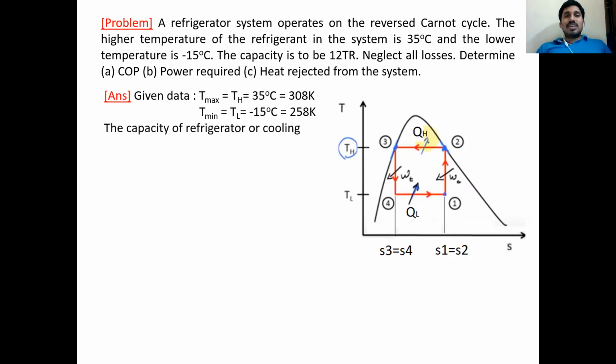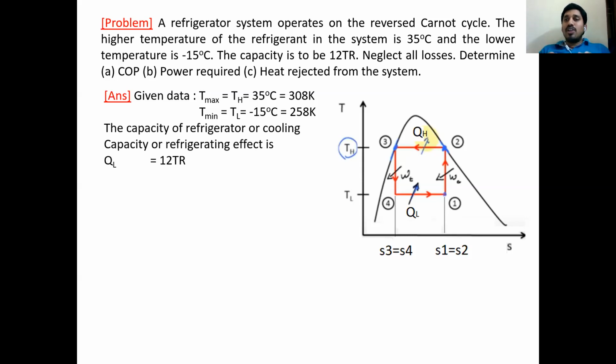Next, one more data is given: the capacity of the refrigerator, or cooling capacity or refrigerating effect, is given as 12 TR. In the last class, in units of refrigeration, I clearly told you that 1 TR equals 3.517 kilojoules per second, or kilowatt. So don't write the TR value directly in the problem.